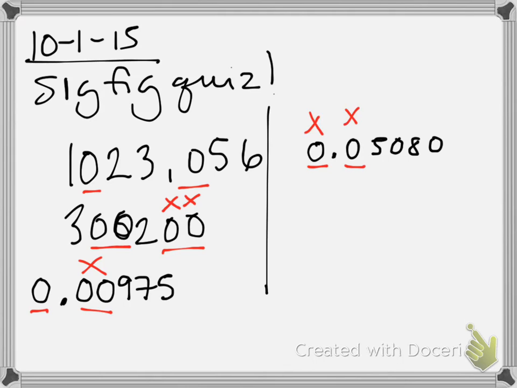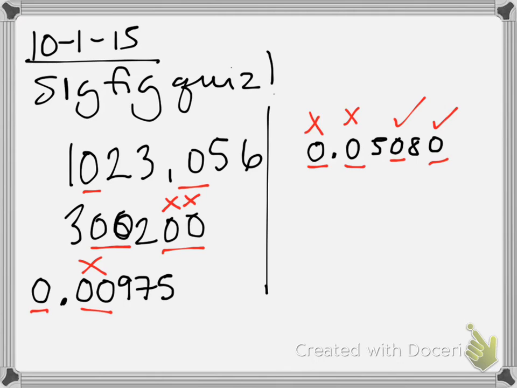No, placeholder. Is that significant? Yes, because it's between two non-zeros. Is that significant? Yes. That's the one that gives people problems, because that is at the end of a number, behind the decimal. That is significant. So that one had 4.